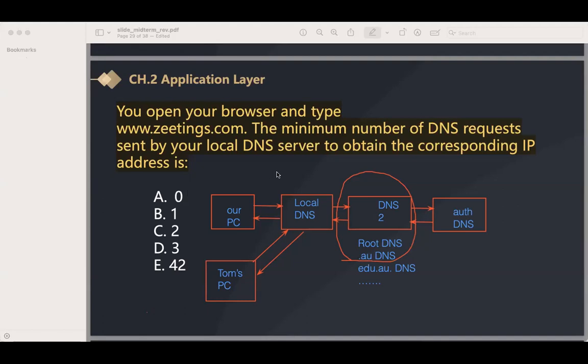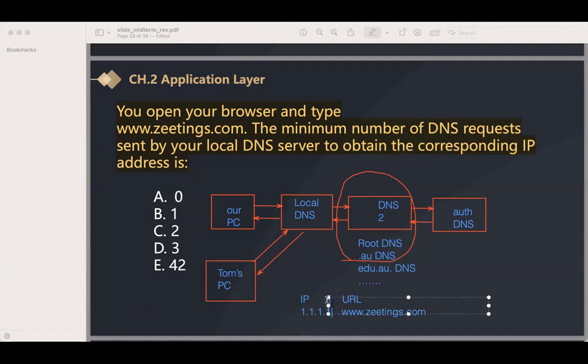Just imagine this. Tom already visited this website before. So the local DNS already has the record for the IP address. The local DNS will have a table with IP address and URL, and you will see 1.1.1.1, which is settings.com.